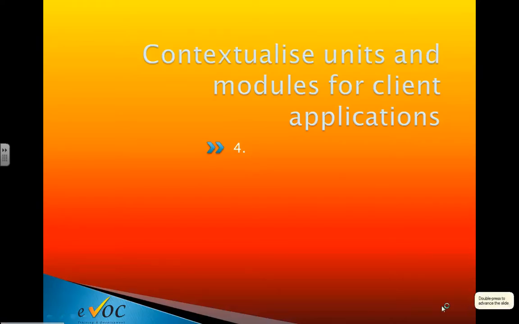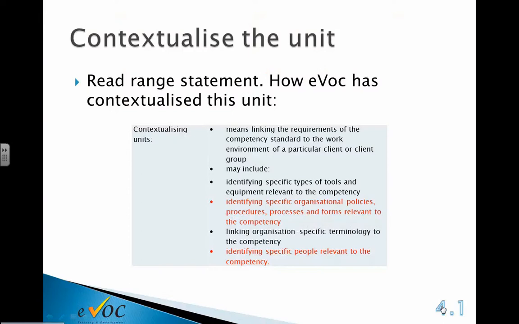Well, we're up to element 4 and racing through the first unit of competency. So in this element, we contextualise units and modules for client applications. So we better define contextualise, and you guys know how to do that now. You've got your range statement there in your downloaded unit.